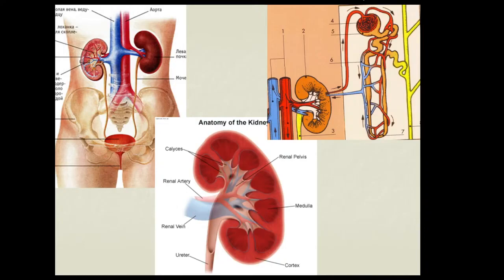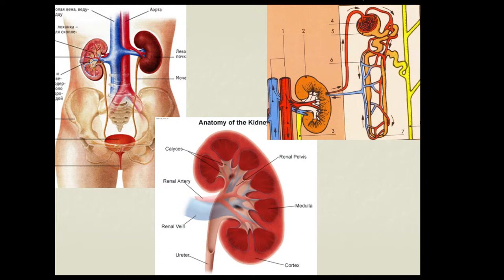The kidney controls blood pressure, first of all diastolic blood pressure, due to the activity of the renin-angiotensin system, which is produced by the kidney. The kidney also takes part in hematopoiesis due to synthesis of erythropoietin.